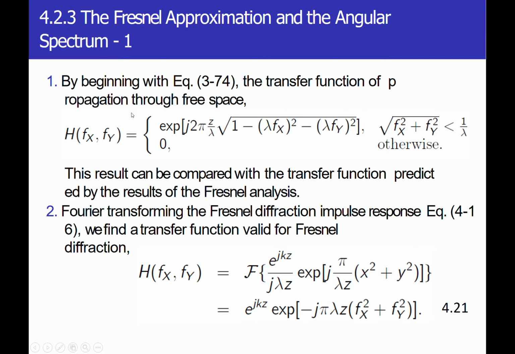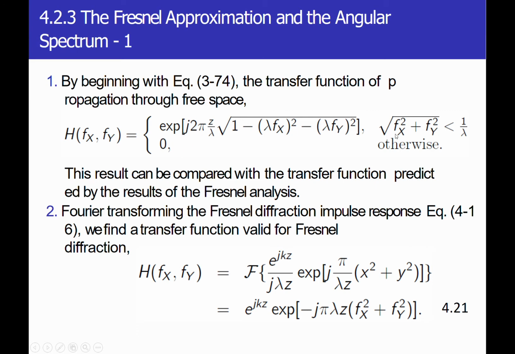If you go back to chapter 4, you will find these slides, section 4.2.3. Here we are concerned with the transfer function of propagation through free space. If we have any light and it propagates, then it has this transfer function H(fx, fy) given by this expression.